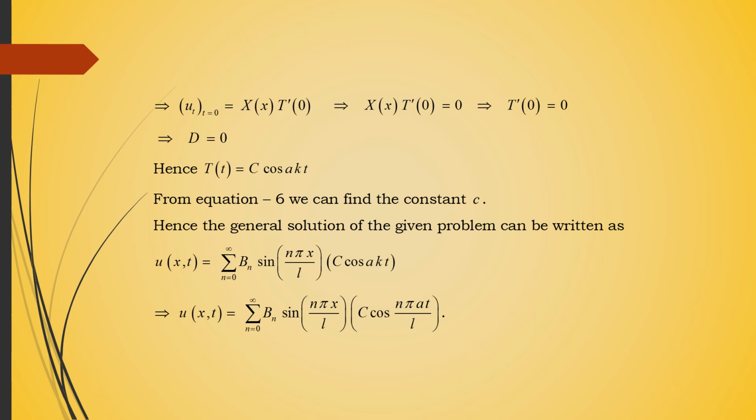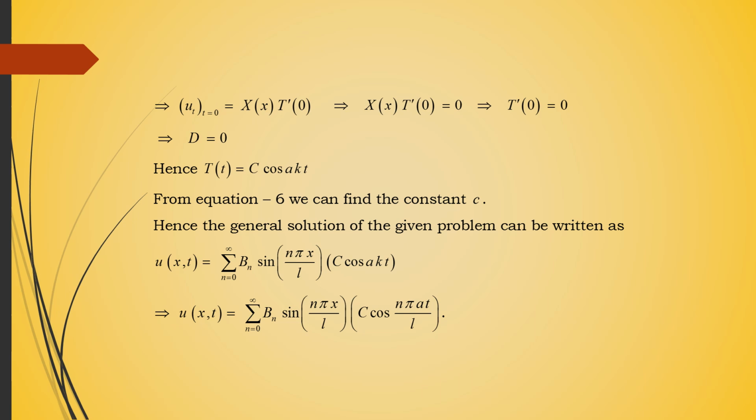But we were given one initial condition that ∂u/∂t at time t equals 0 is 0. That means the initial velocity of the wave is 0. If we substitute ∂u/∂t = 0 at time t equals 0 here, we obtain 0 = X(x) T'(0).